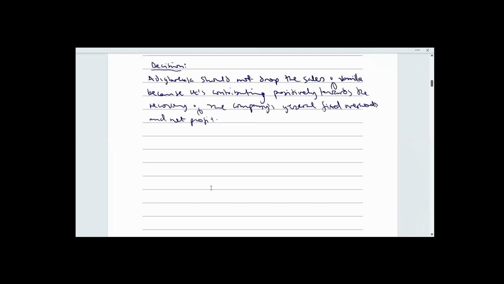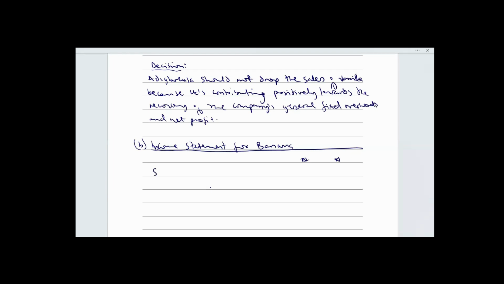So I would then say B, income statement for banana. Same way as we did for vanilla.